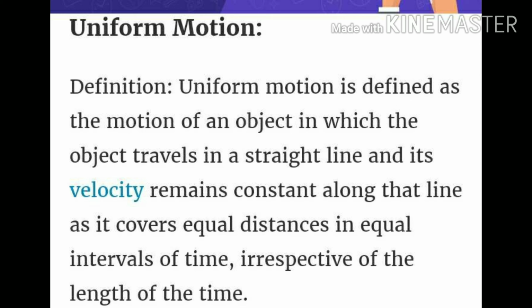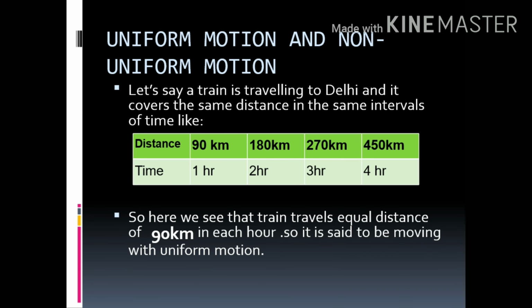In this type of motion, the object covers equal distance in equal interval of time, since the speed is constant. Let us take an example. Let's say a train is traveling to Delhi and it covers the same distance in the same intervals of time, like in the first hour it covers 90 km, in 2 hours it covers 180 km, in 3 hours it covers 270 km, and in 4 hours it covers 450 km.